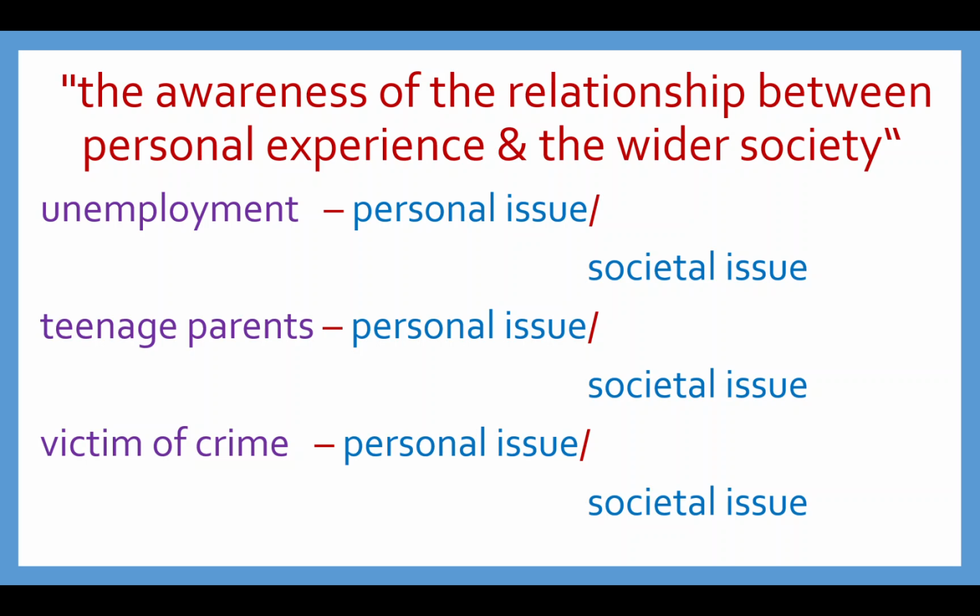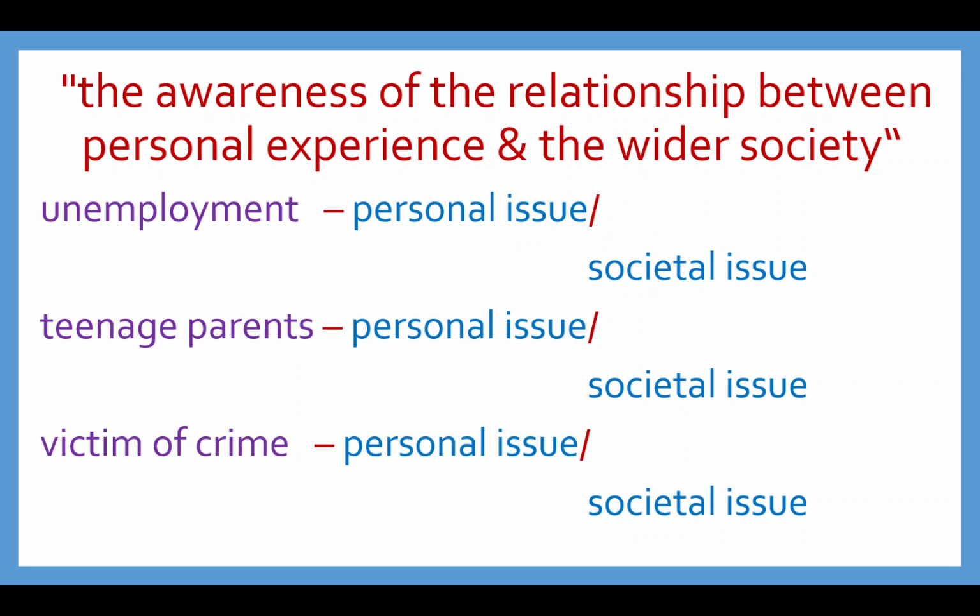So I'm going to give you some examples. Unemployment rates affect society as a whole. Of course they do. And they, in various ways, determine how society functions as a whole. At the same time, an individual person who is unemployed experiences unemployment on a personal level.